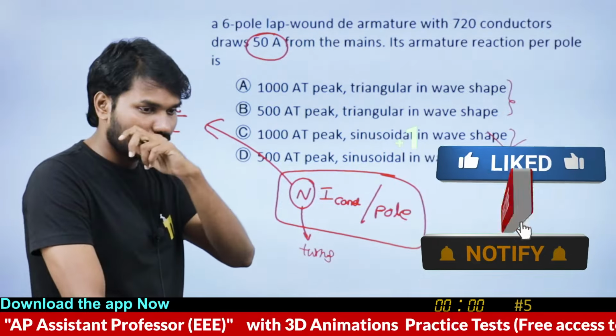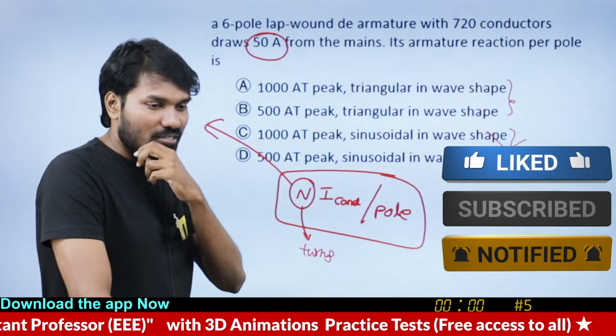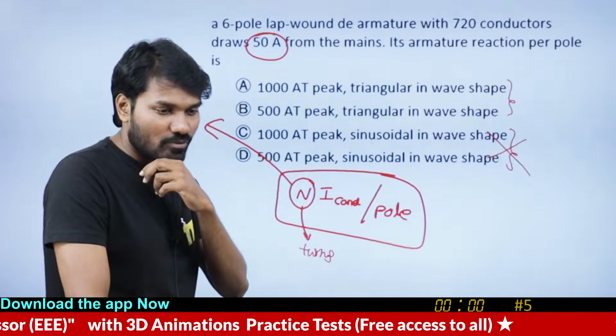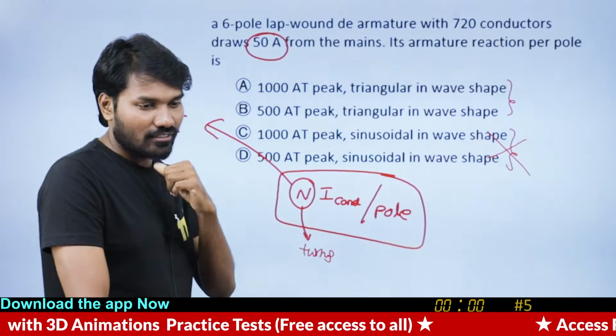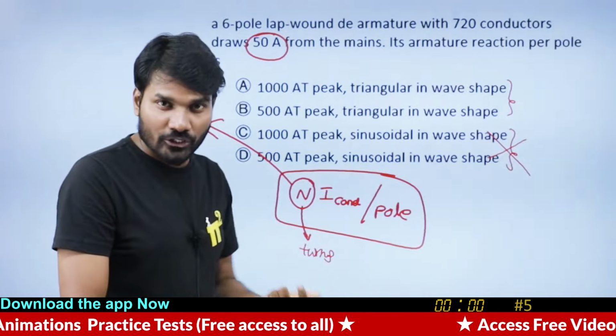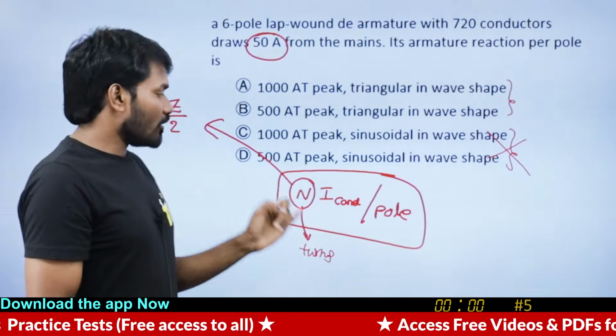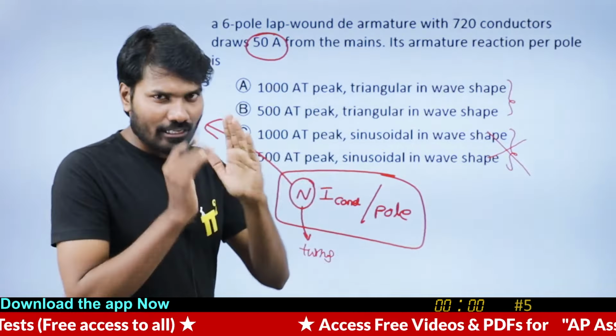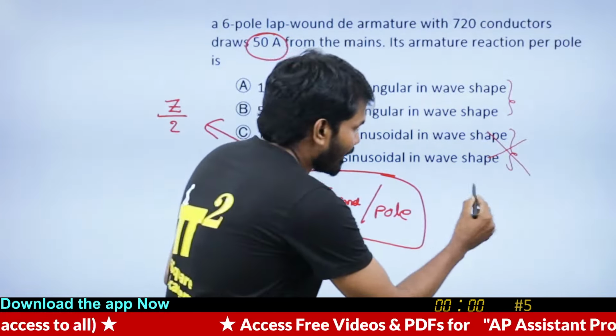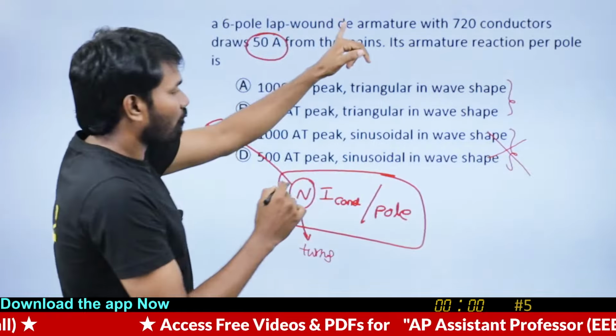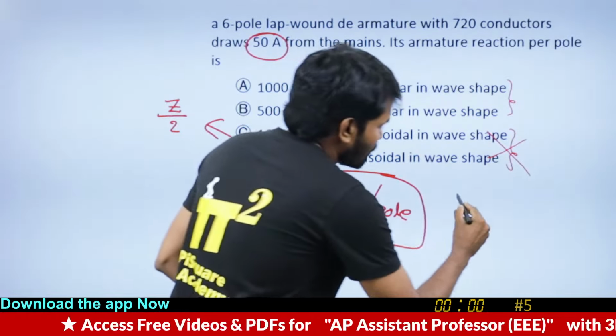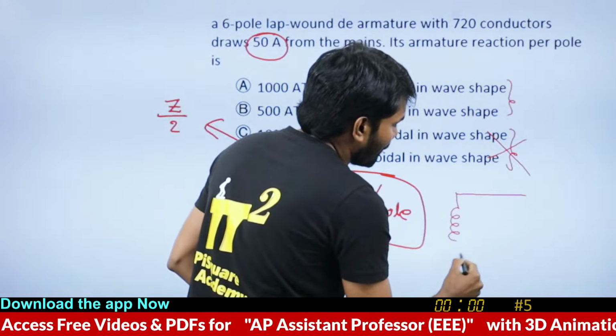What's the current flowing? Yes, very good. Rajvamshi, you're right. Anvesh, you're right. Tarun, you're right. Current flowing in the conductor: careful, we have a 6-pole lap wound, which means 6 parallel paths.